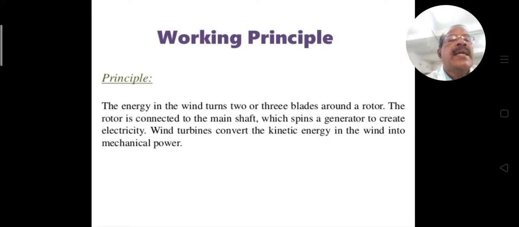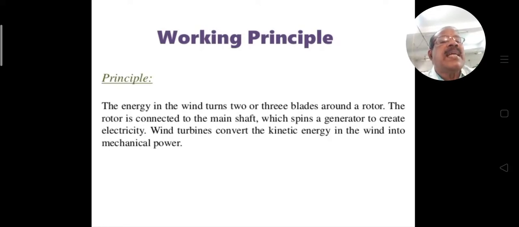In these wind turbines, there is a rotor and a shaft system, which is connected to a generator. The energy in the wind turns a rotor with 3 blades or 2 blades, and the rotor is connected to the main shaft, and this shaft spins a generator, and this generator creates electricity.